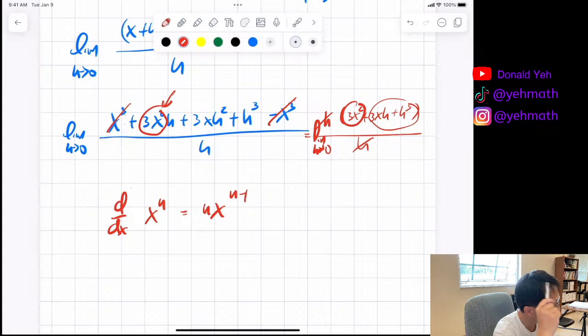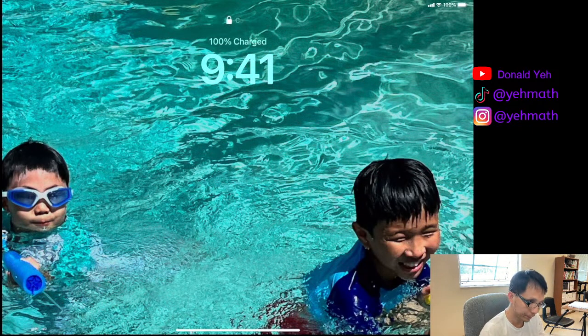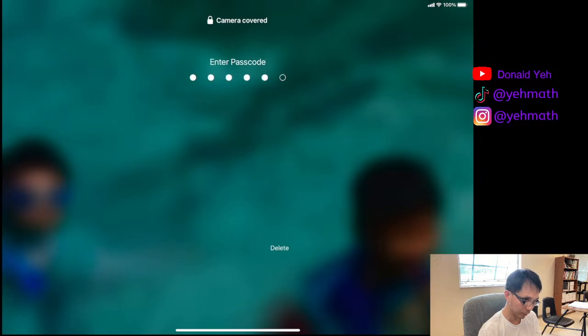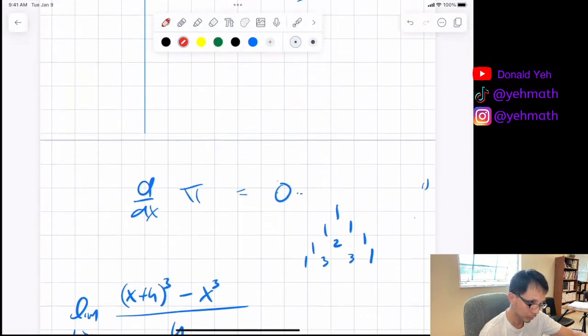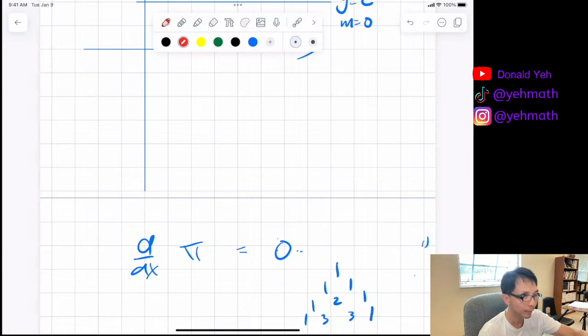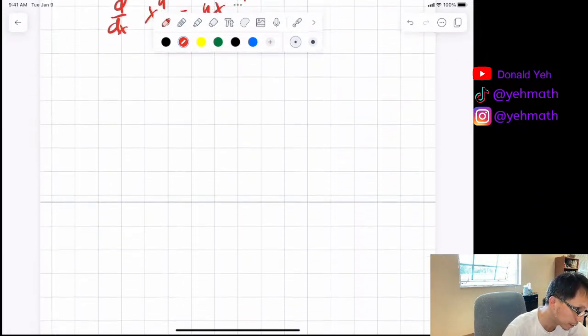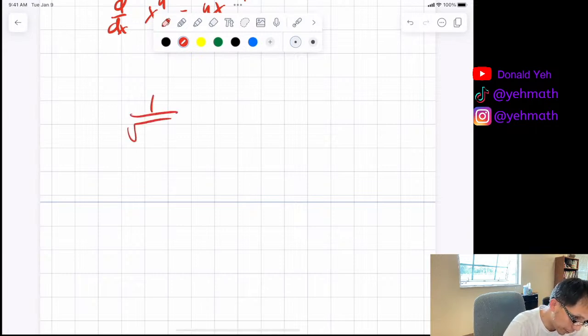Before that, do you have homework questions? Yeah. For 37, can you walk through how to do it? So it'll be 1 over square root of x plus h minus 1 over square root of x.